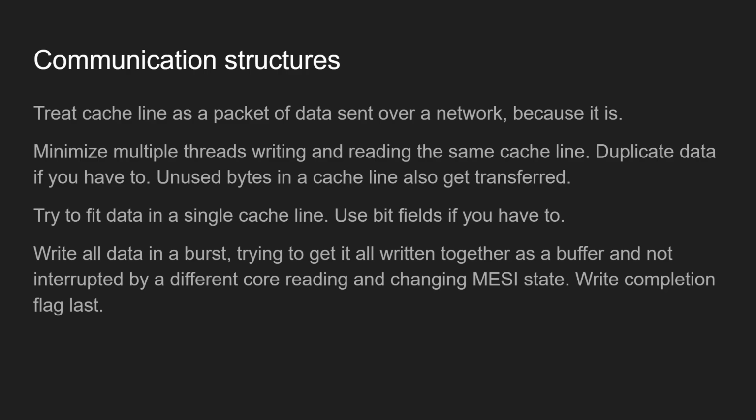Finally, it's important to write data in bursts. The exclusive locking of cache lines happens entirely implicitly in the computer architecture, and you have a worker thread that's trying to pull the data at the same time that the controller thread is trying to write the data.